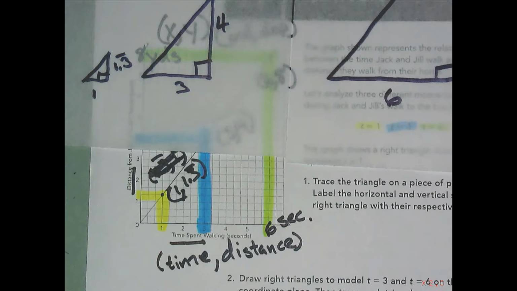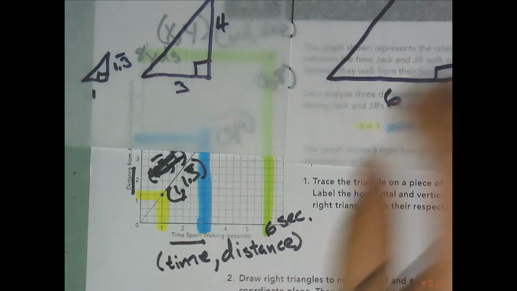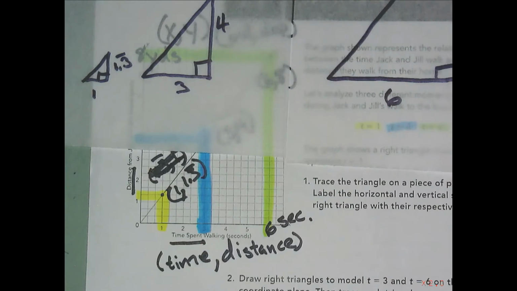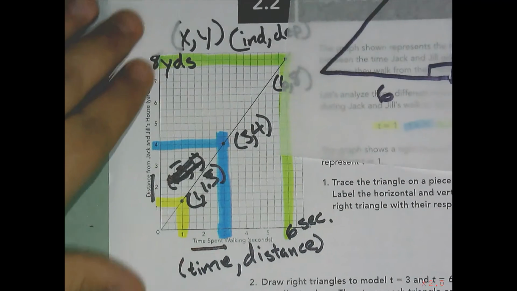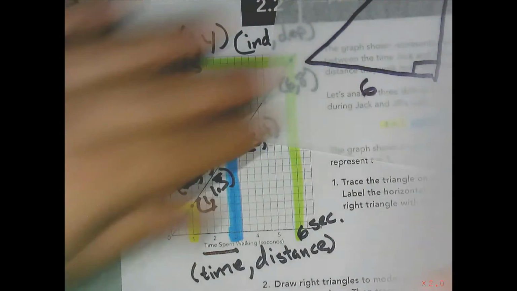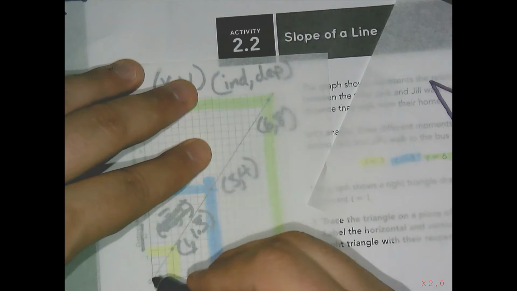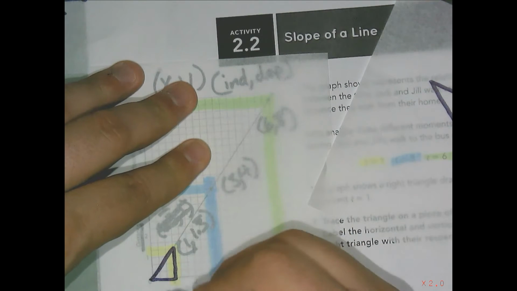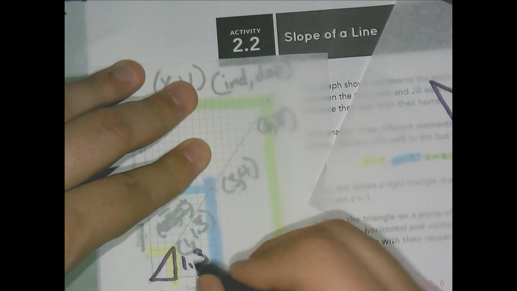Now what they're trying to show you is that they're basically all the same steepness. I kind of goofed and drew 2 on one piece of patty paper, so let me draw this. So I've got 3 triangles, right? I got this triangle, and then I have a third triangle here.